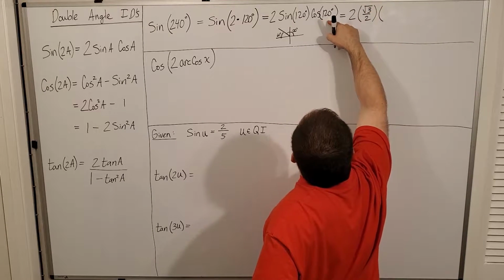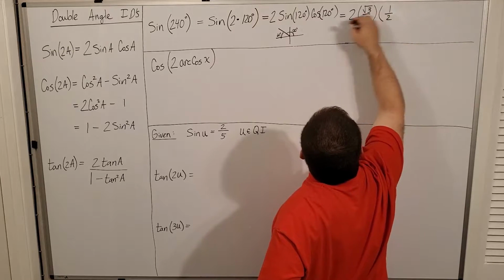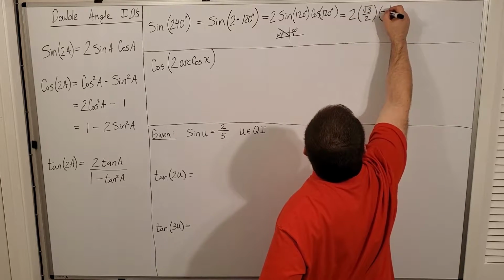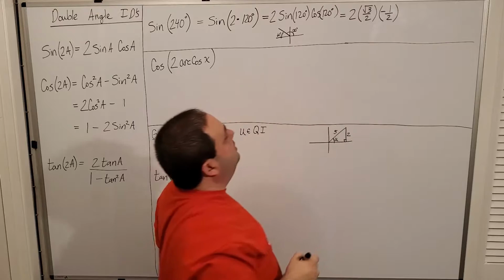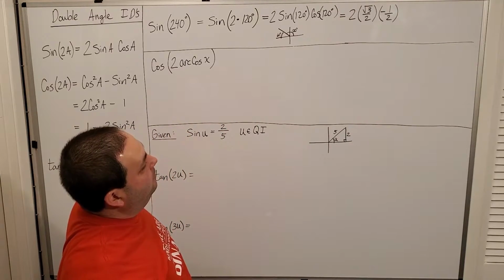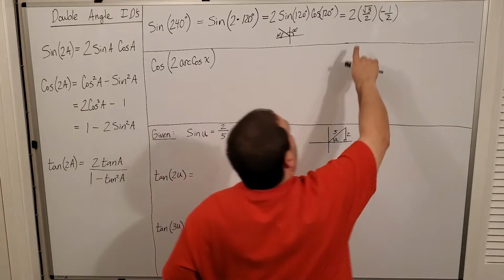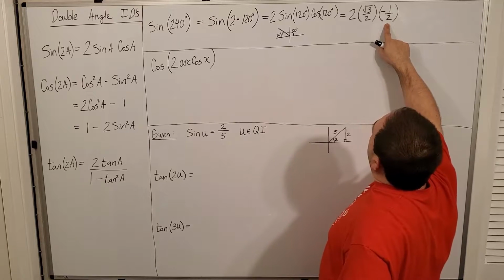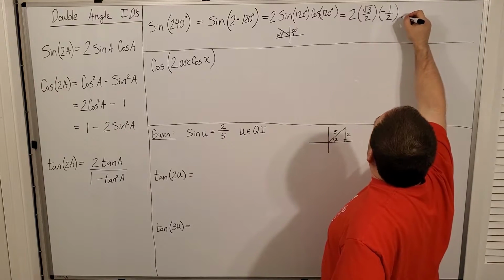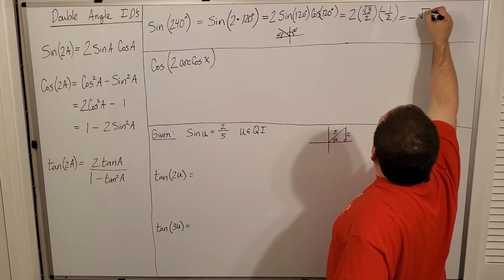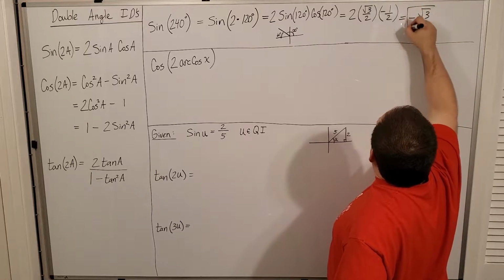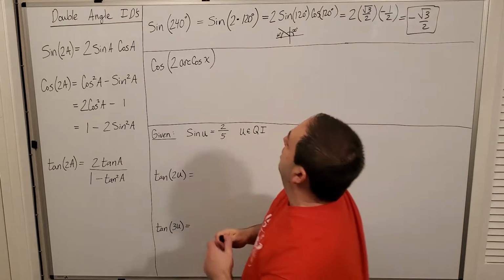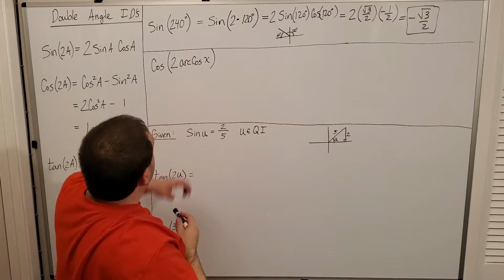And cosine of 60 is 1/2, but the cosine of 120 would be negative 1/2 because it's in quadrant 2 and cosine is negative there. Well, 2 times negative 1/2 is negative 1, and then times that. So I get negative square root of 3 over 2 for my sine of 240 degrees.